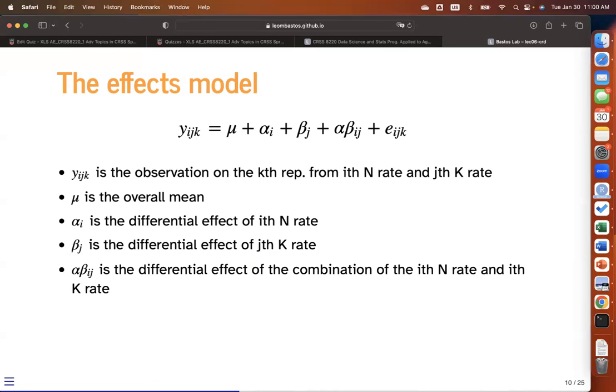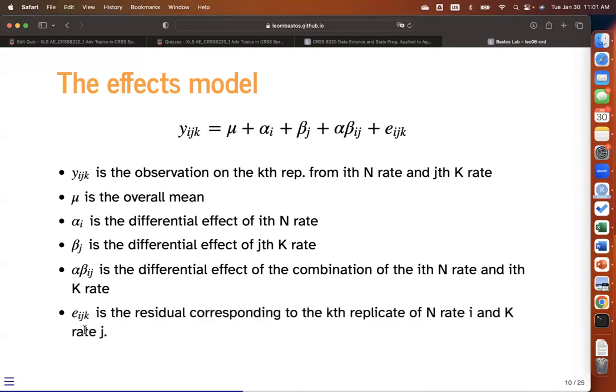In this case, it is a completely randomized design, so the design effect is ending up in the error, because we have no other factor in this design that is influencing randomization. And the error is what is left of that observation after you account for all those effects in your model. Okay.